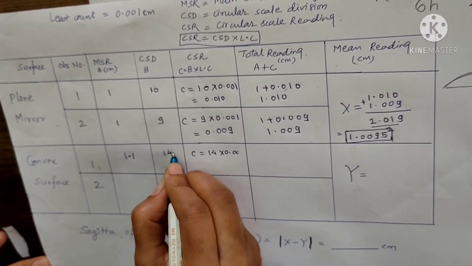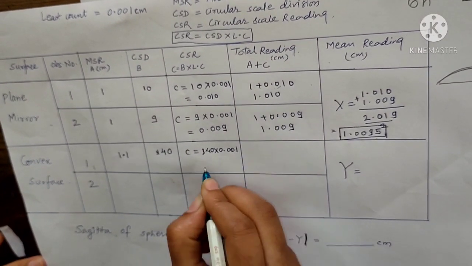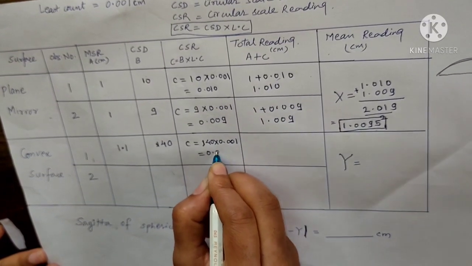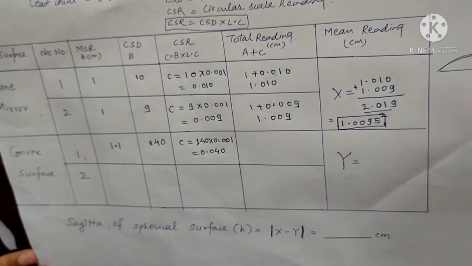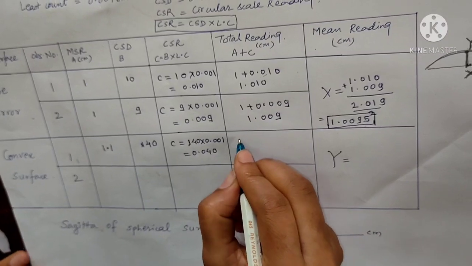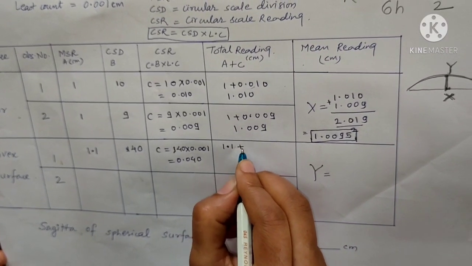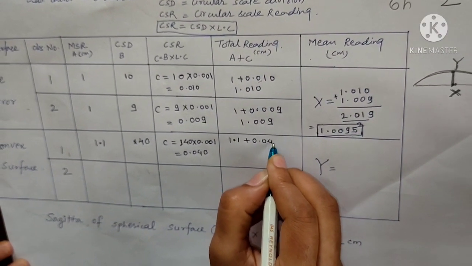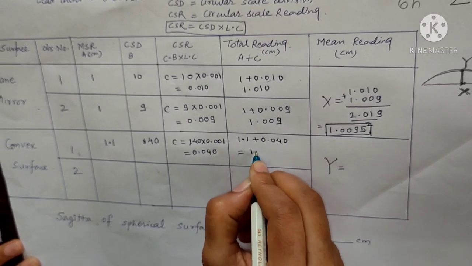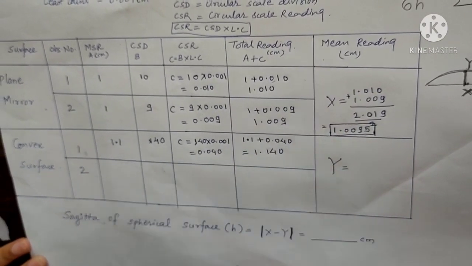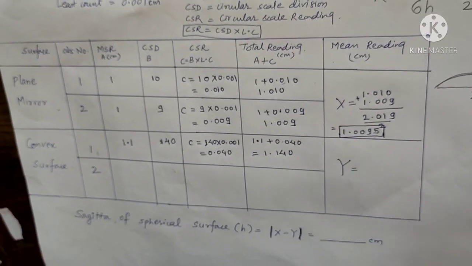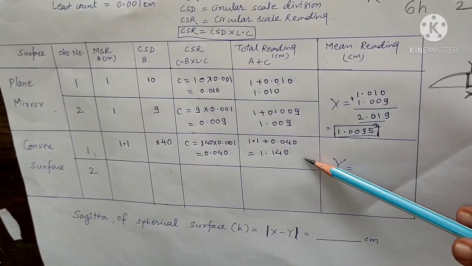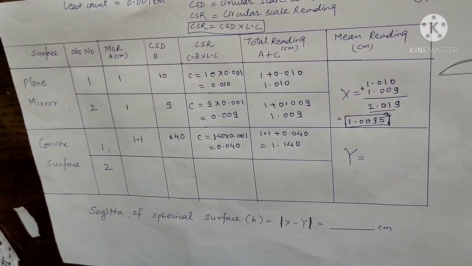So you will multiply the circular scale division by the least count 0.001, so you get 0.040 as the circular scale reading. Then you add the main scale reading and circular scale reading to get the total reading. This is our first observation for the convex surface.